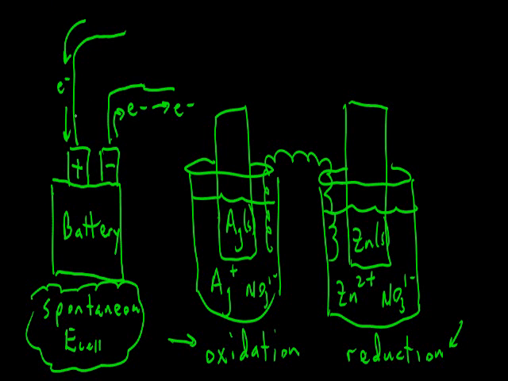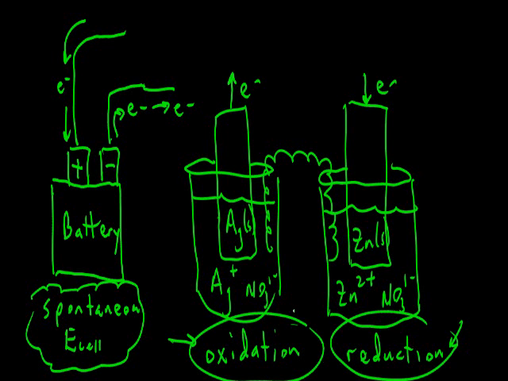Going back to our reaction that we have, we've identified that the zinc is where electrons have to flow in, and our silver is where electrons are going to be flowing out, given that the zinc is the location of our reduction and the silver is the location of our oxidation. This tells us which terminal on the battery each of these electrodes, the zinc and the silver, need to be connected to.